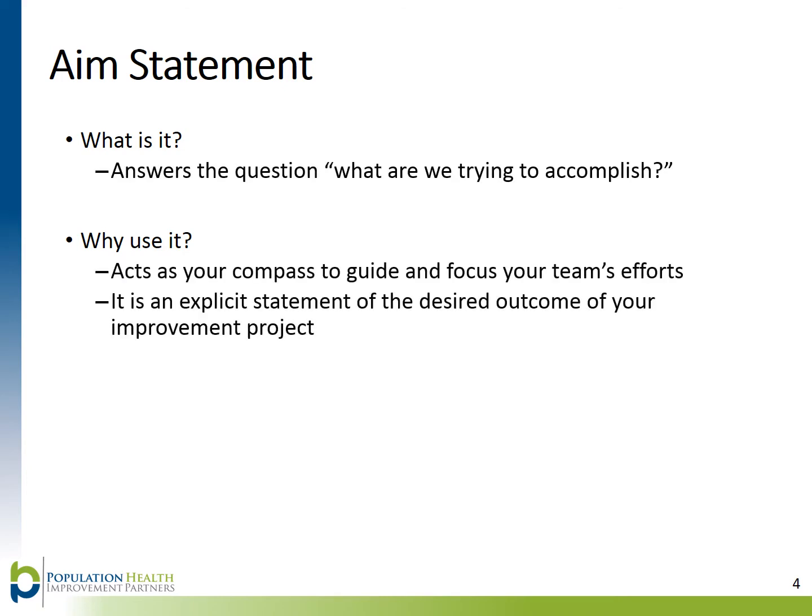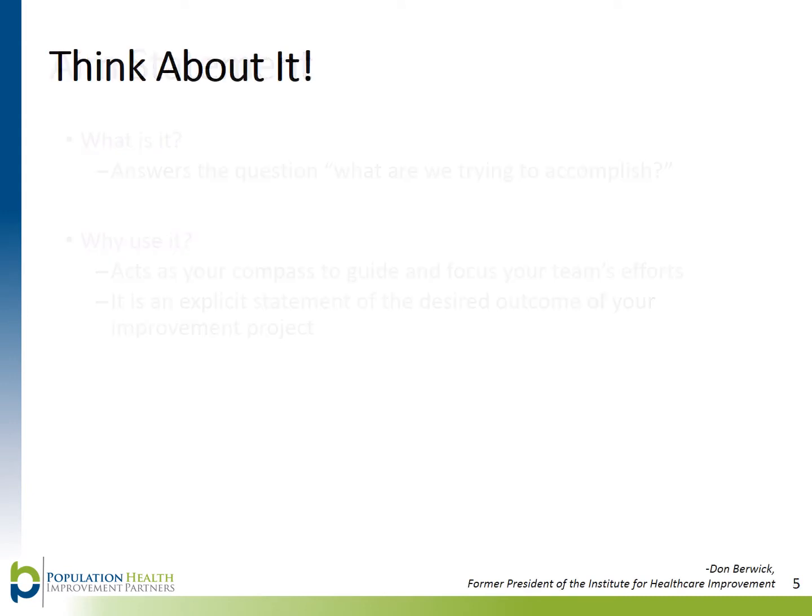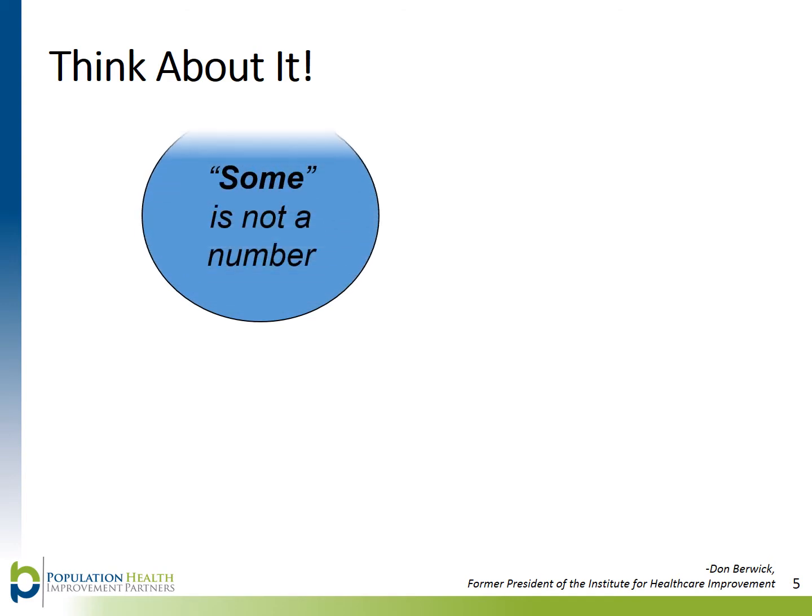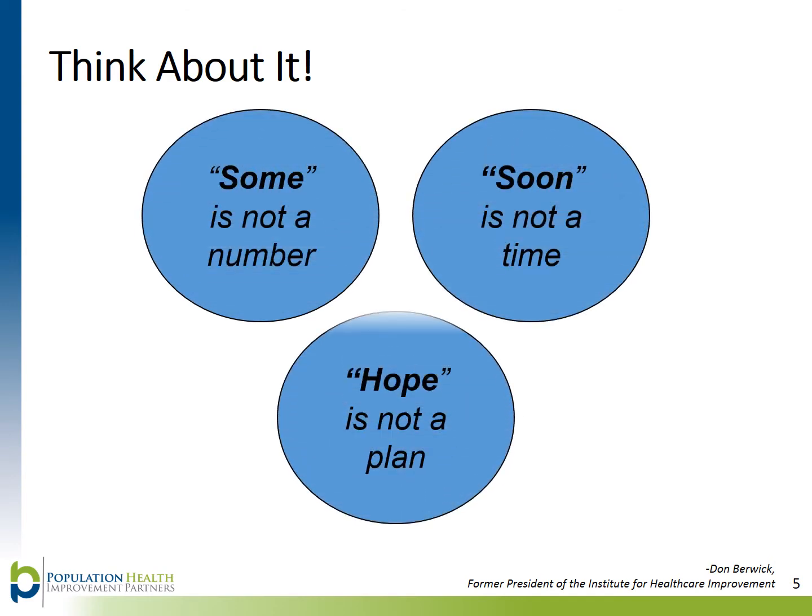It is an explicit statement of the desired outcome of your improvement project and acts as your compass to guide and focus your team's efforts. You should be as specific as possible when composing your aim statement. Remember that some is not a number, soon is not a time, and hope is not a plan.